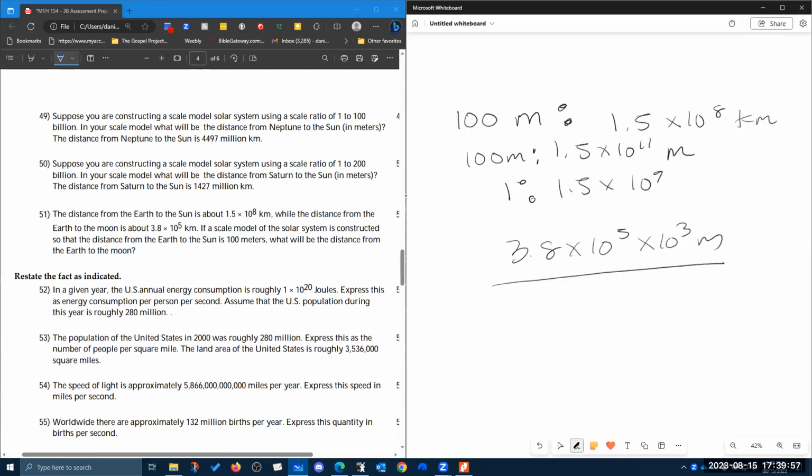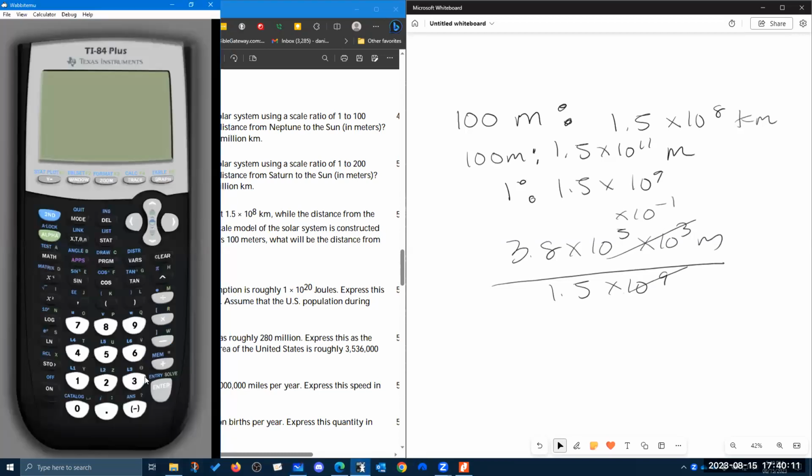divided by 1.5 times 10 to the 9th. So this is going to be times 10 to the negative first, 3.8 divided by 1.5.